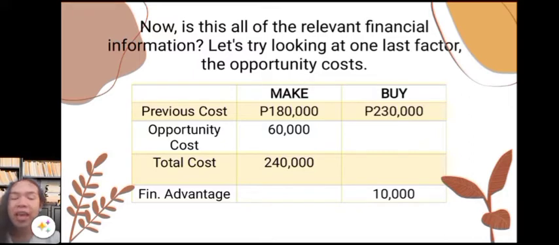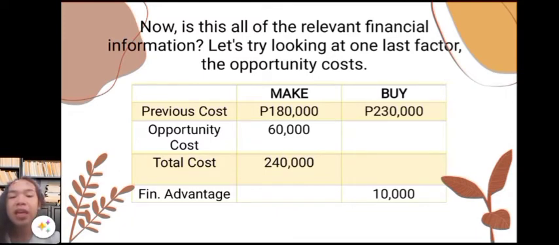But since we're already using it in making our bandana, of course, hindi natin ma-achieve yun. Thus, making that an opportunity cost because the benefit of achieving 60,000 is already given up kasi nga, while already making our own bandanas instead of making another product which is the belt. So, we're gonna be adding the opportunity cost of 60,000.